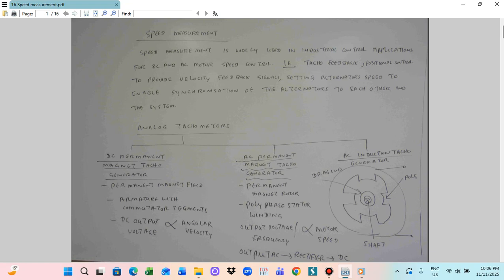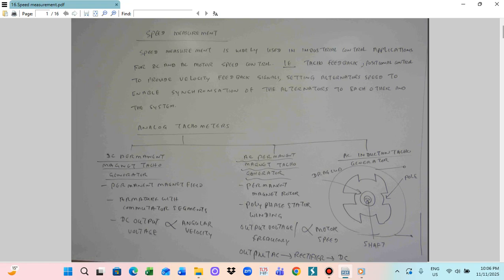This is why we have to measure speed in the control system. There are two kinds of tacho generator: the DC permanent magnet tacho generator and the AC permanent magnet tacho generator.